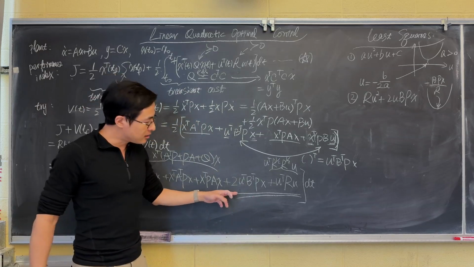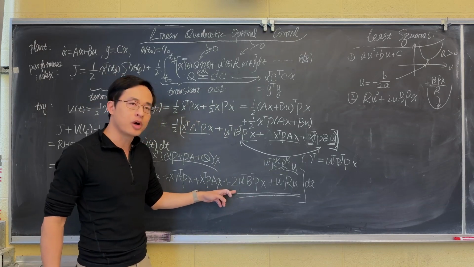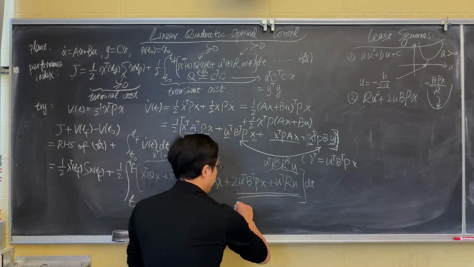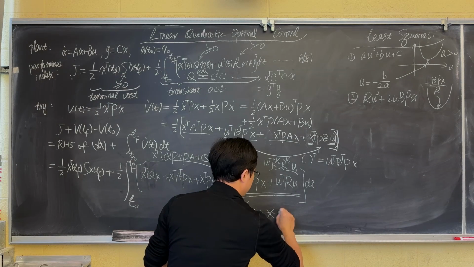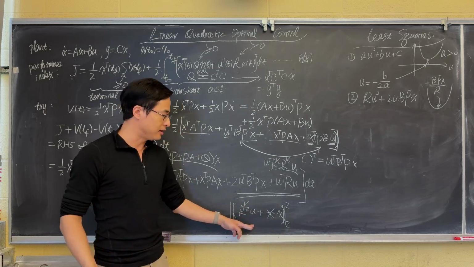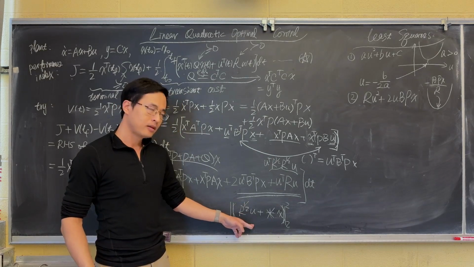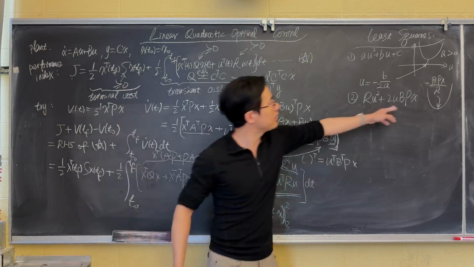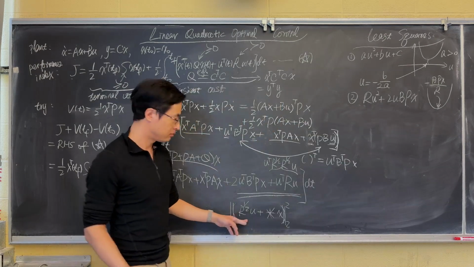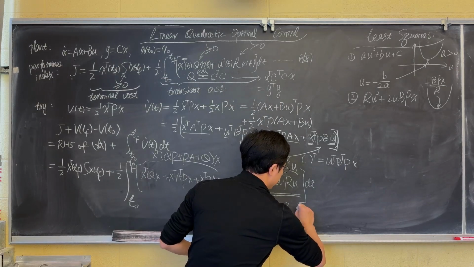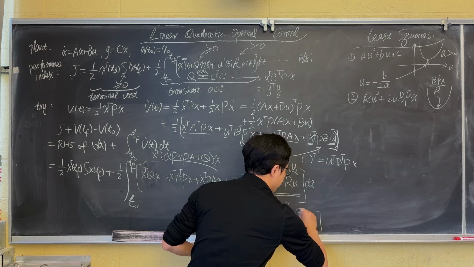I'm going to add and subtract terms to complete the square so that I am going to have a square term that looks like this. All right, the square term is about U and X. And then there can be some minus some other terms that are to be determined.